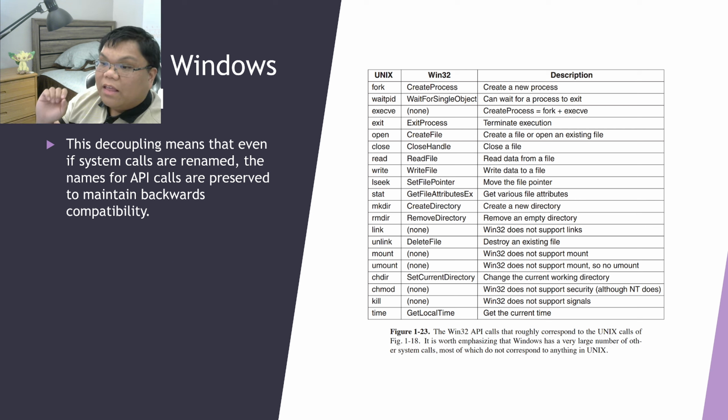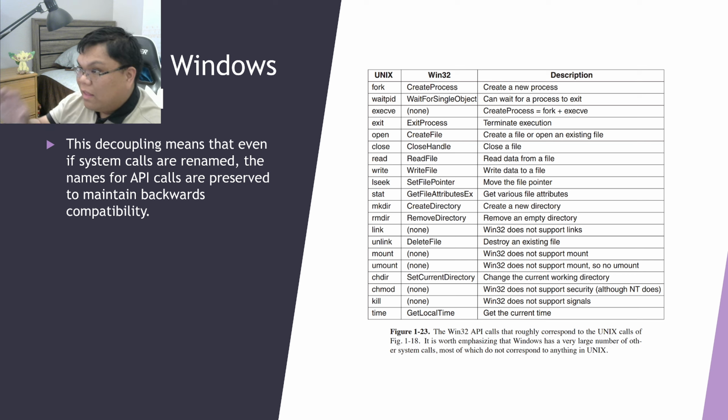This decoupling means that even if system calls are renamed, the names for API calls are preserved. So if behind the scenes the names for system calls are different, at the programming level nothing's going to happen, because the names of the functions that you call to get some operating system service are the same no matter what the system calls are named, so you don't have to rewrite your programs.